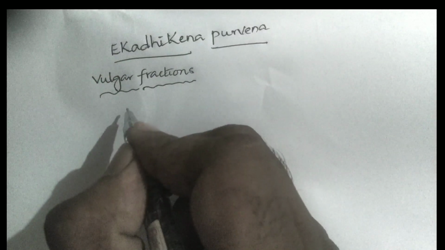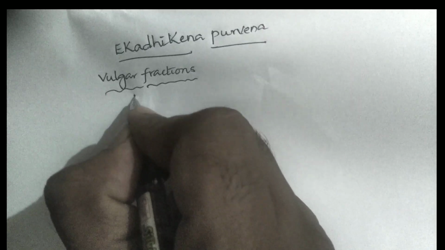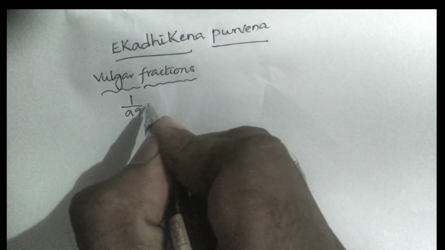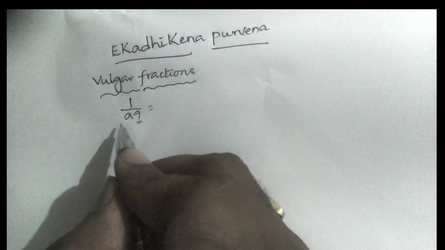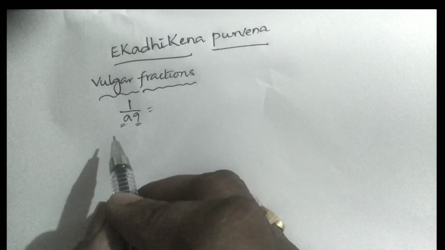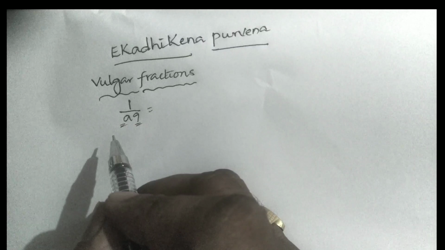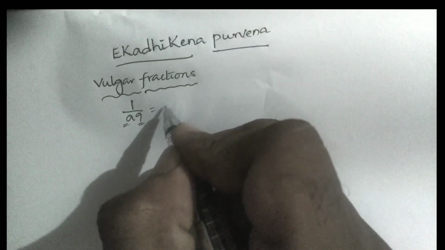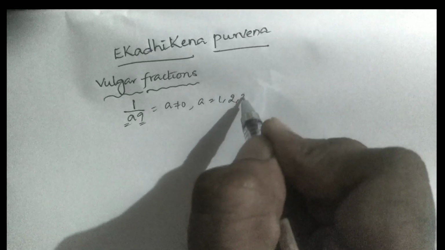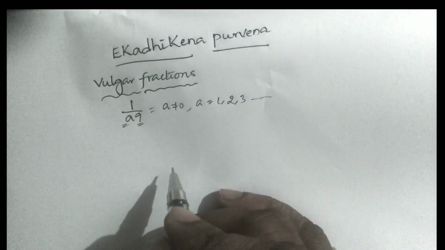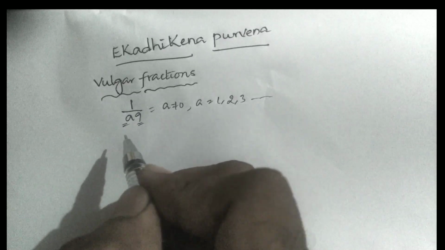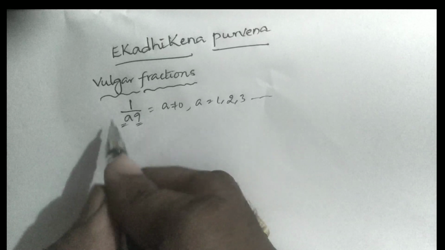A vulgar fraction of the form 1 upon a9, where 9 is the ones place digit and a is a combination of digits or a single digit number, such that a is not equal to 0. a may be 1, 2, 3, etc. It is easily calculated by using Ekadhikena Purvena.